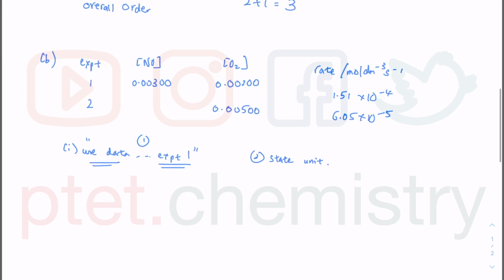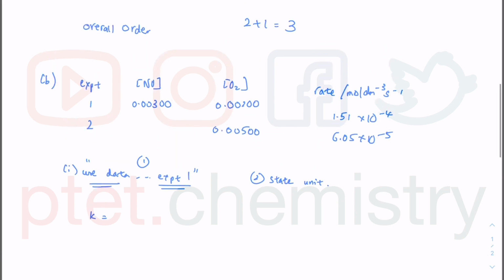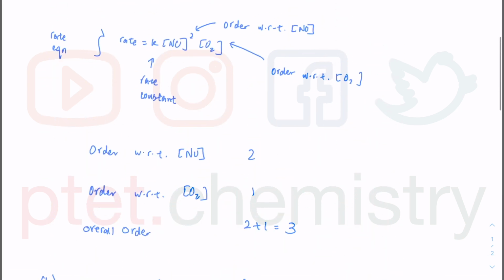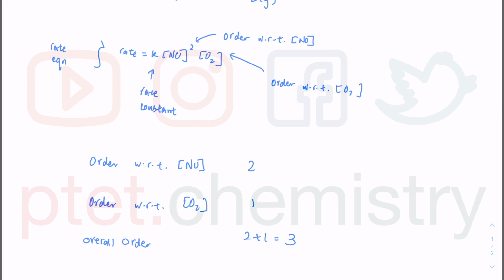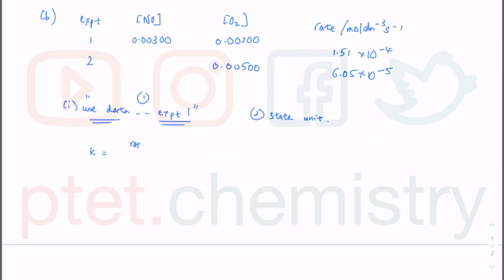So the unit of the rate constant doesn't exactly mean a lot of things. If I just rearrange my equation, and move all of these down there, it's going to be rate divided by the concentration of this squared, divided by this as well. So k equals rate over [NO]^2 [O2]^1.